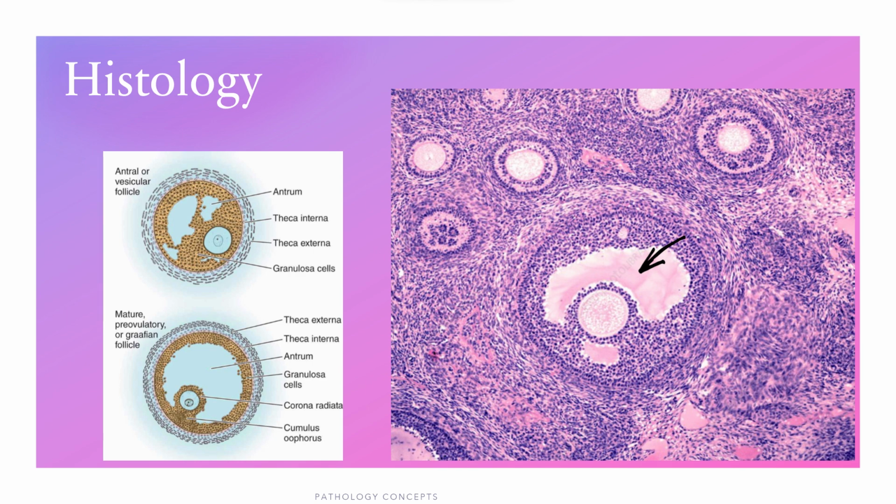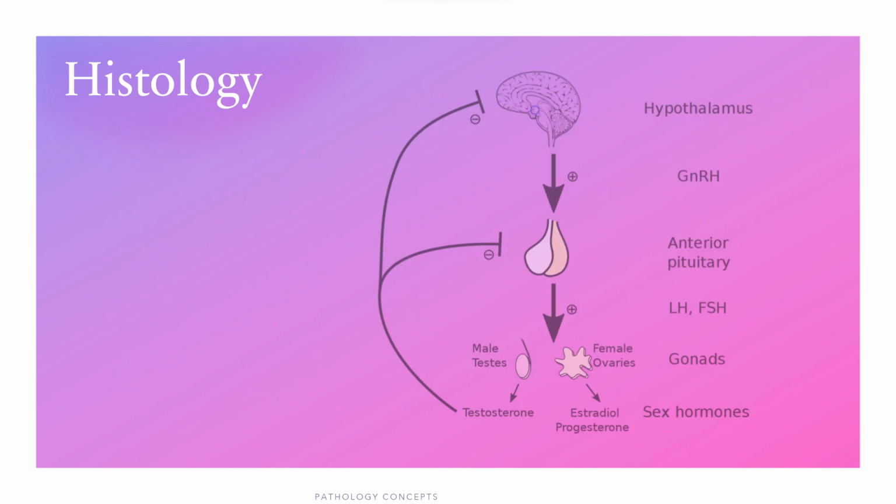This space is referred to as an antrum and contains secretory material from the growing oocyte and granulosa cells. LH binds to LH receptors of the theca interna, resulting in production of androgens. As ovarian follicles mature, the larger follicles can use the enzyme aromatase to convert androgens into estrogen.